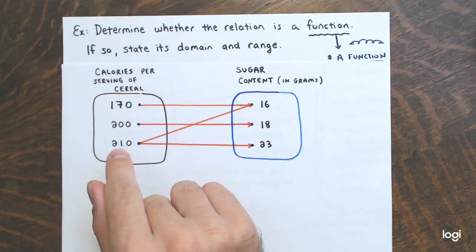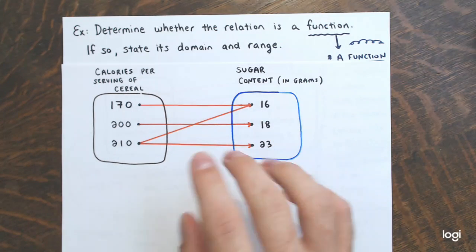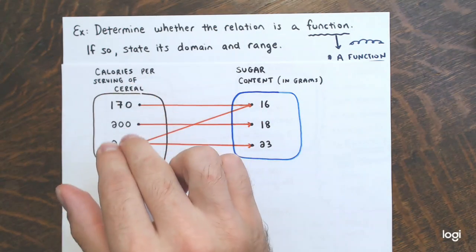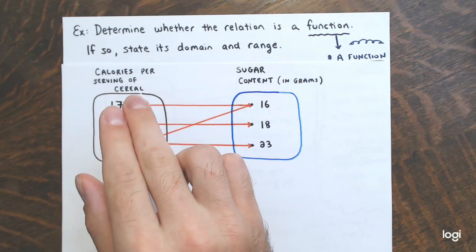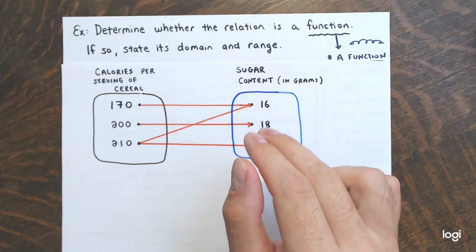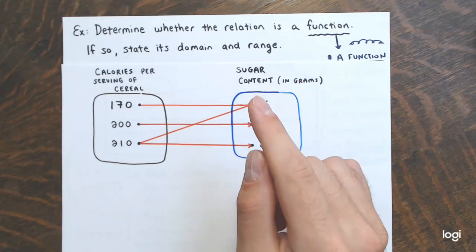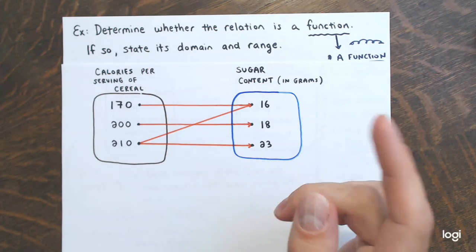This set of numbers and this set of numbers have a relationship between them. These numbers represent calories per serving of certain cereals, and this set of numbers, the 16, 18, 23 here, represent sugar content in grams.